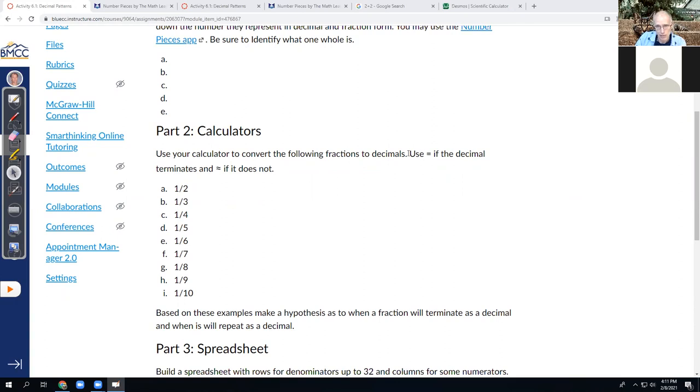Problem, and I have a note here about this: use an equal sign if it ended, and an approximate, the wavy equals, which means approximately equal to, because we can't do forever. We do have some notation that kind of gets around that, but it's still weird.